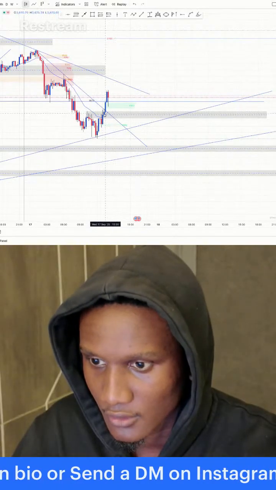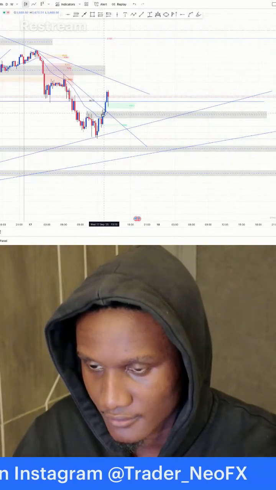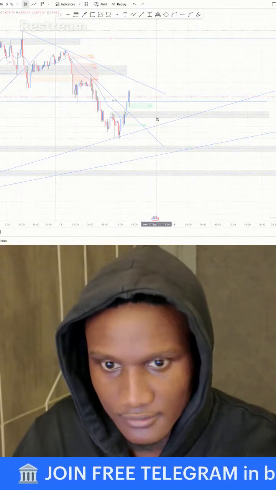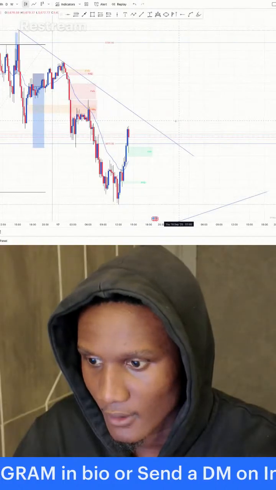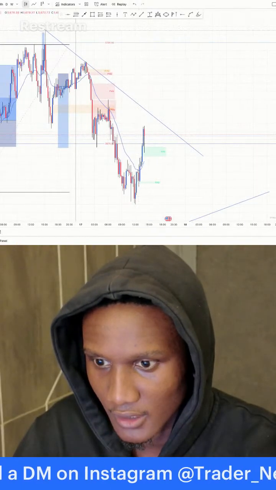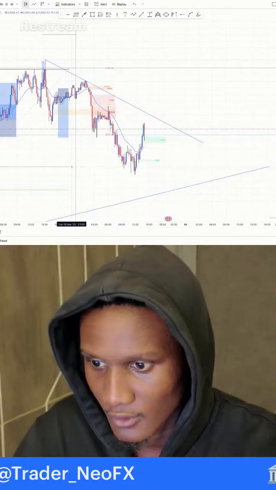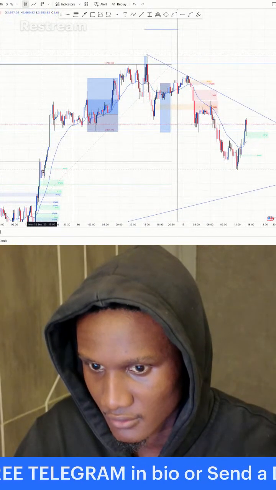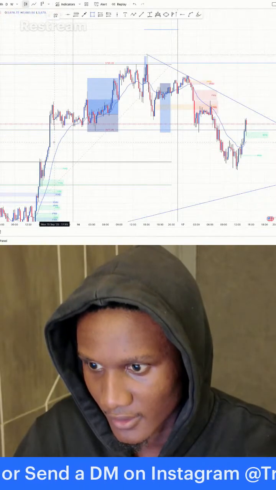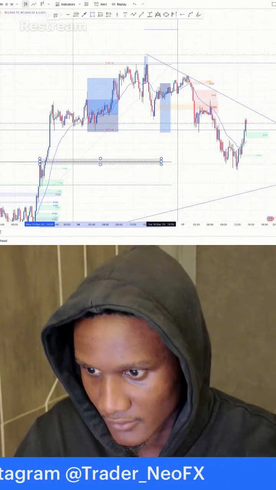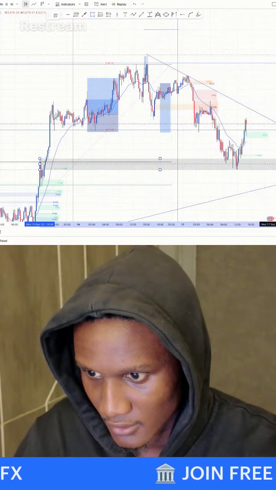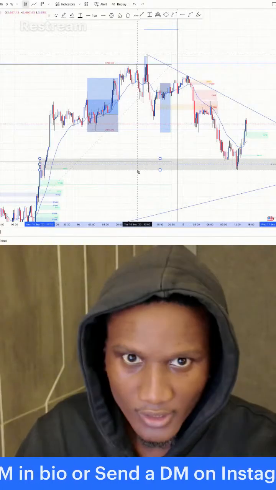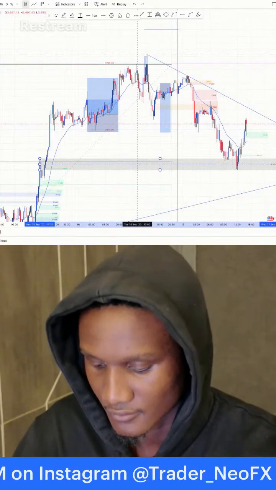I missed this buy here because I didn't spot it quite early. There was a level here where price came back to retest, in line with the 50% Fibonacci, and price was actually reacting from that level.